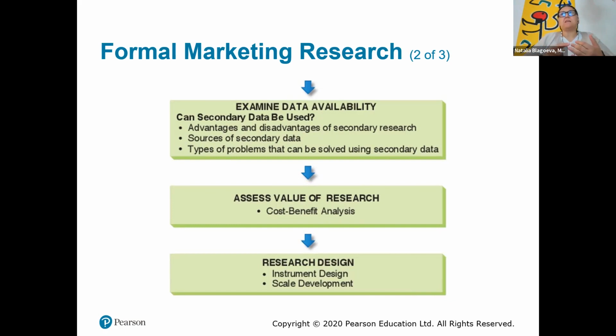So sometimes the secondary data might not be optimal for our use. But in any case, it's good practice to always start with what's already available out there. It's also called desktop research, because we can find a lot of data just sitting on our computer.